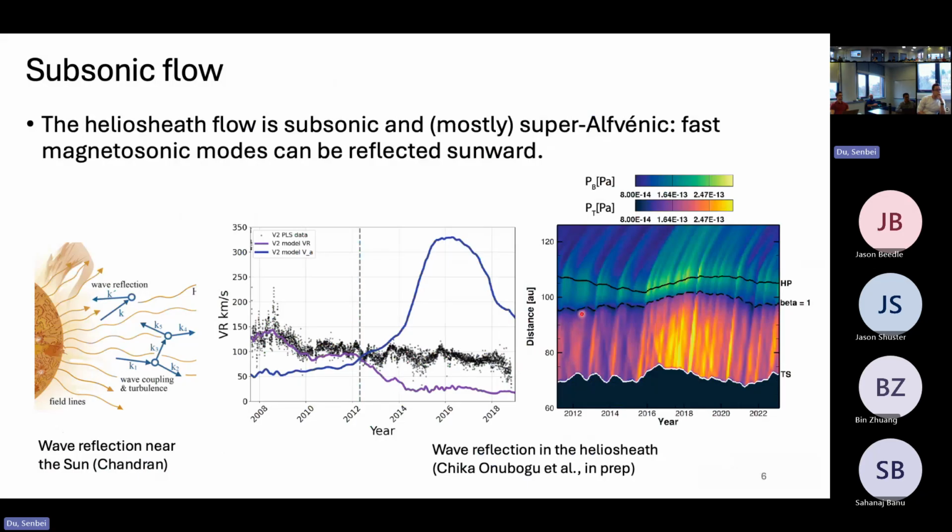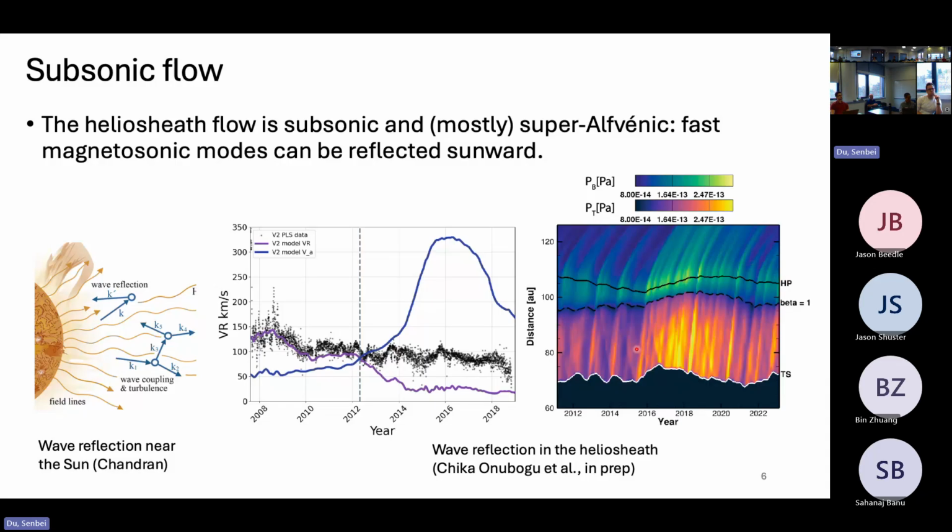That's essentially the outward propagating solar disturbances propagating from the termination shock to the heliopause. And if you look at it, we can also see some of the structures may have negative slopes, and that corresponds to reflective structures, and the reflection is mostly happening near the heliopause.